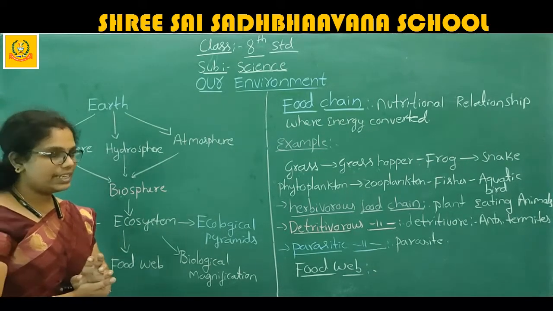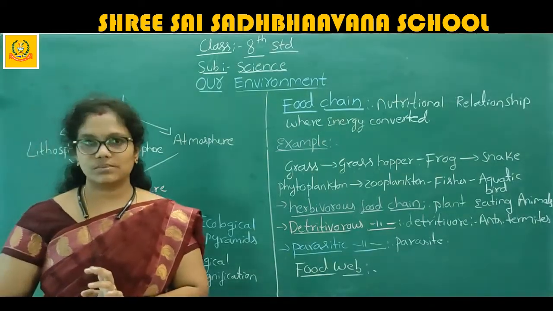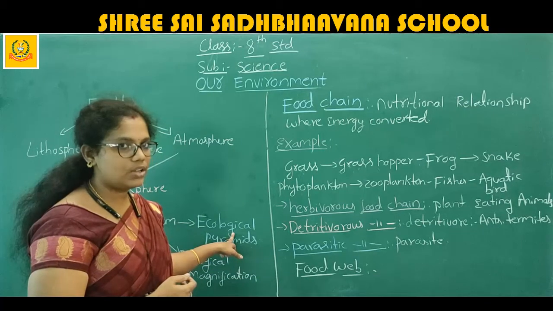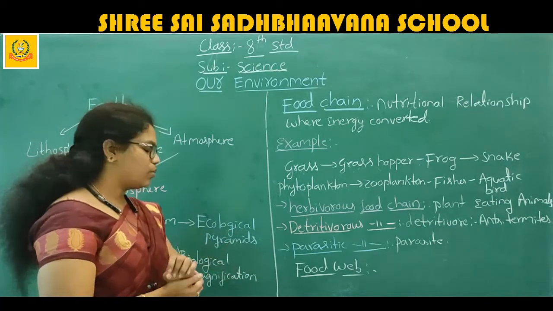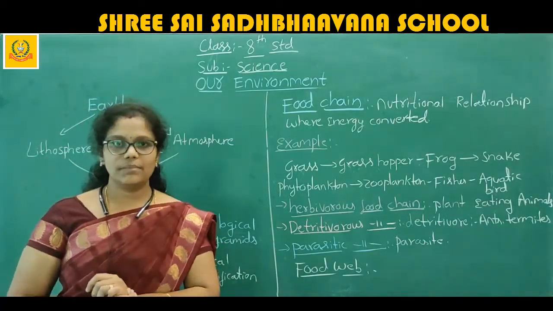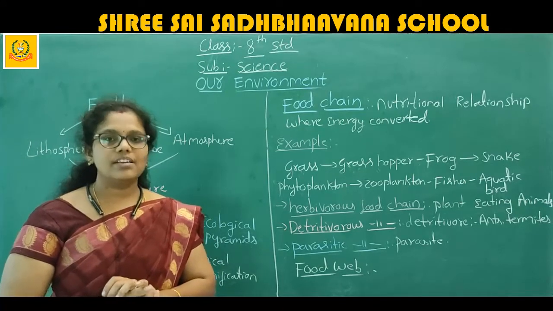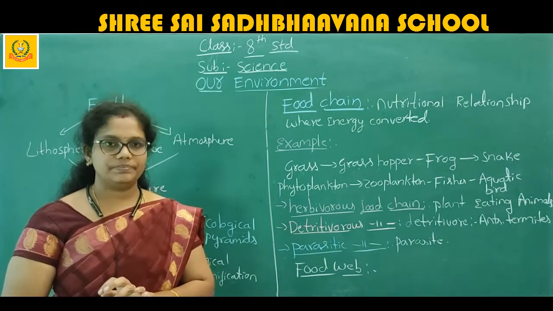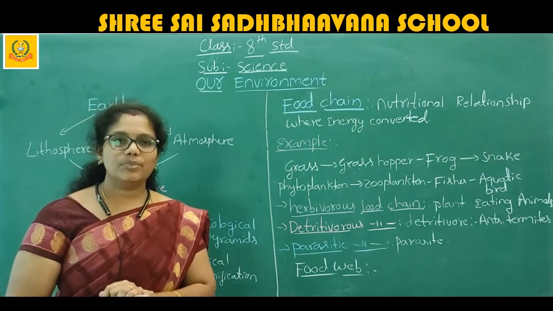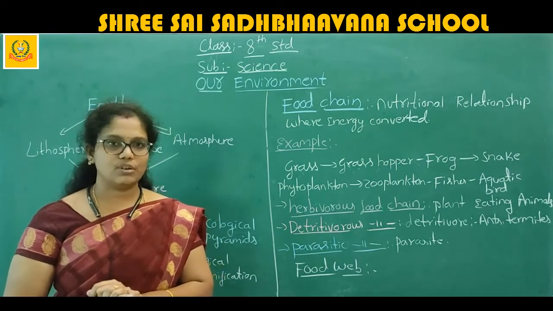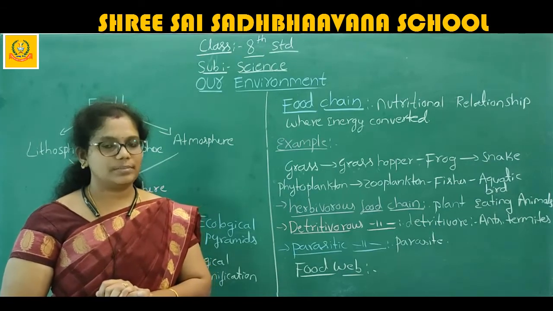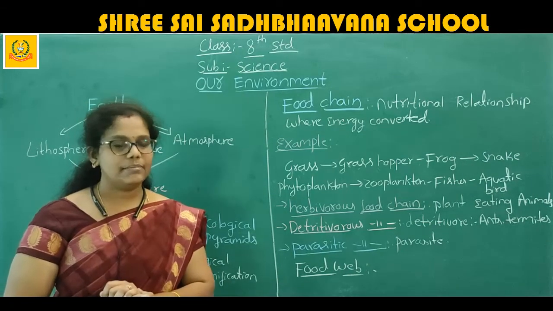Therefore, in the next class, we are going to discuss the ecological pyramid and biological magnification. These are the two important concepts left in this chapter. In the next class, we are going to discuss these concepts. Till then, bye students.